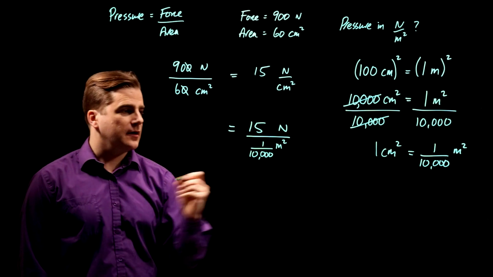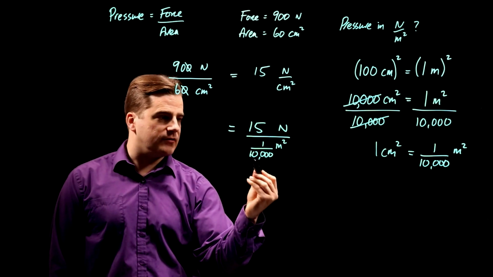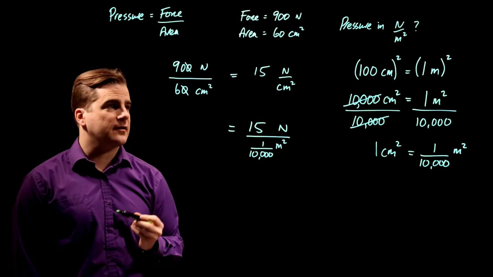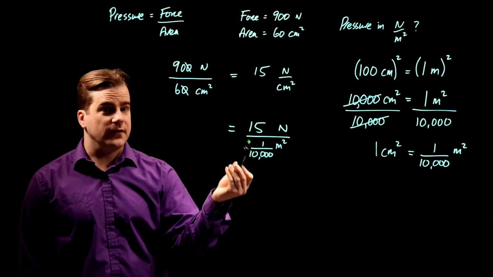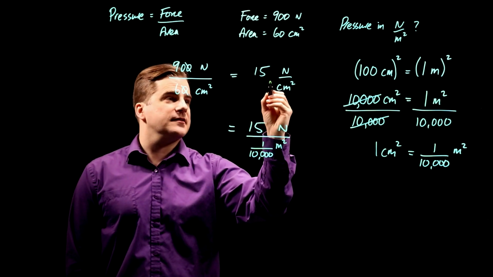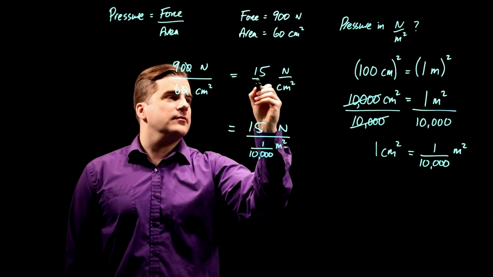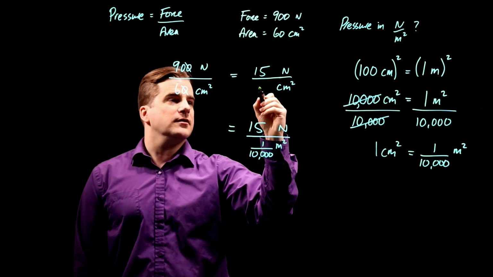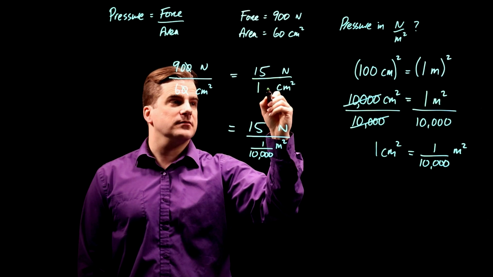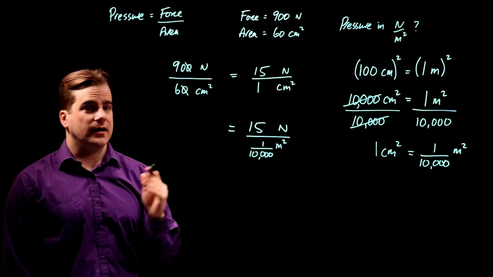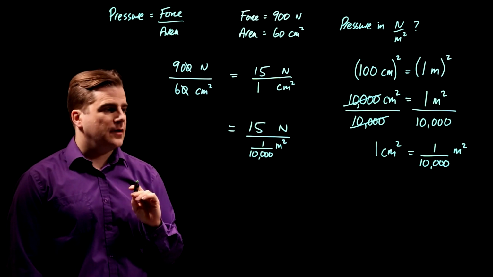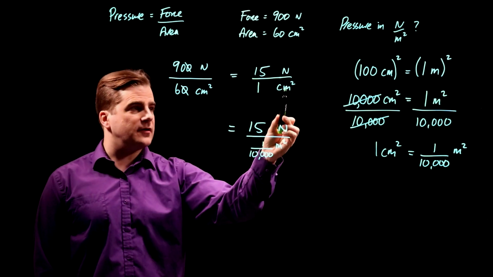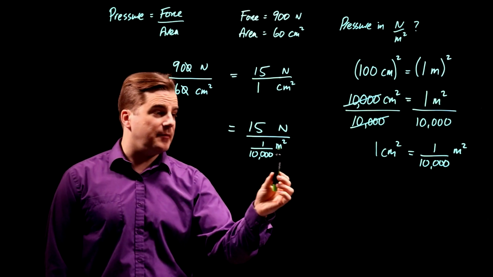Okay? So that whole thing, 1/10,000th of a metre squared, is 1 cm squared. You could write it like that, or if it helps, you could write it as 15 over 1 cm squared. It's all the same. Good. So now you see, look at the units. We've gone from newtons per centimetre squared into newtons per metre squared.